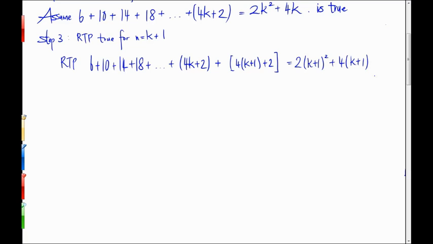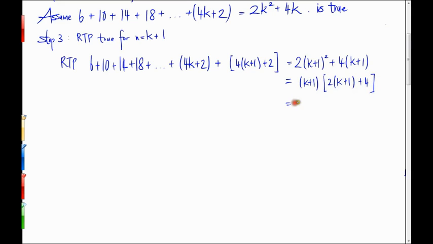Firstly, what I would start off with is I'd make a side note here, and I would factorize this, because you've got k plus 1 on both sides. So that's actually k plus 1 times 2k plus 1 plus 4, okay?